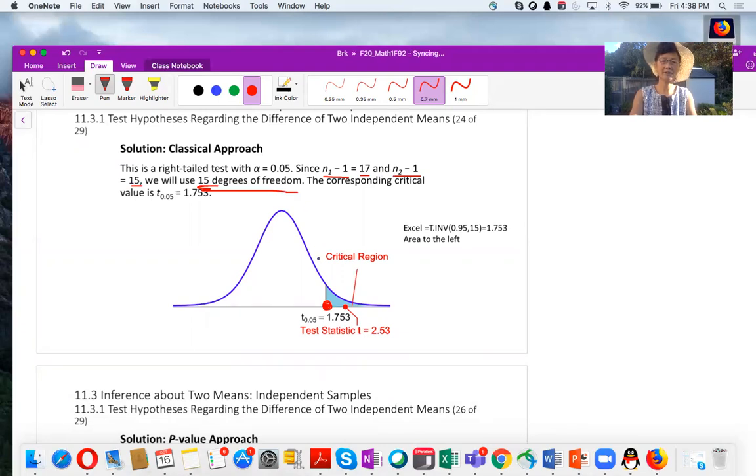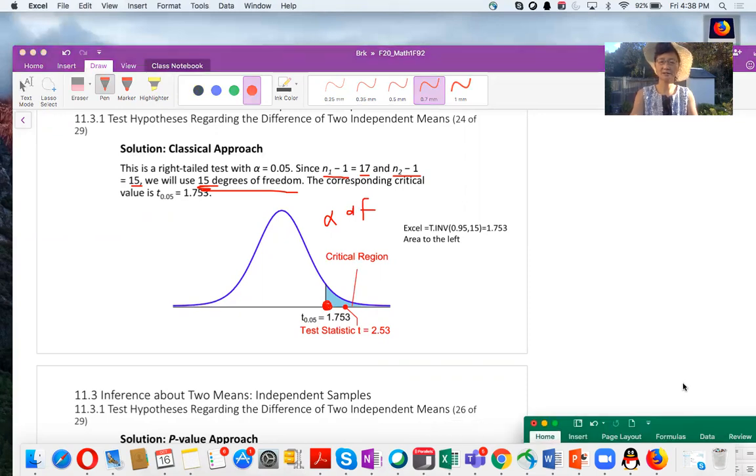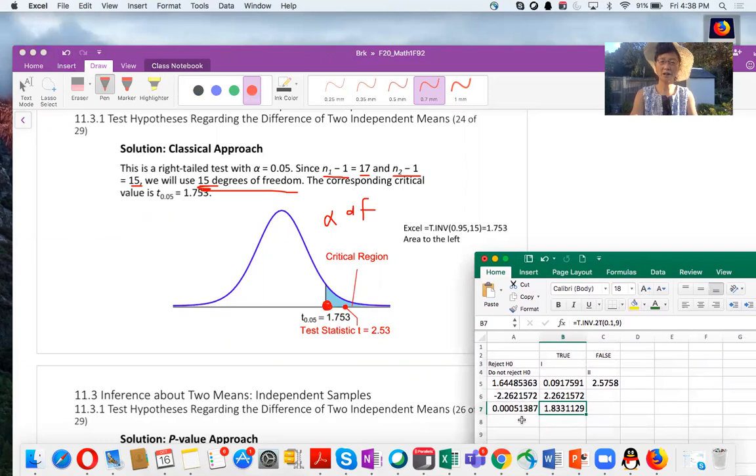This is a one-tailed test. You need alpha and degrees of freedom to find the critical value. How? You can go to the table here, but I'm going to use Excel. The critical value for one tail is T.INV, and the probability is 0.95.